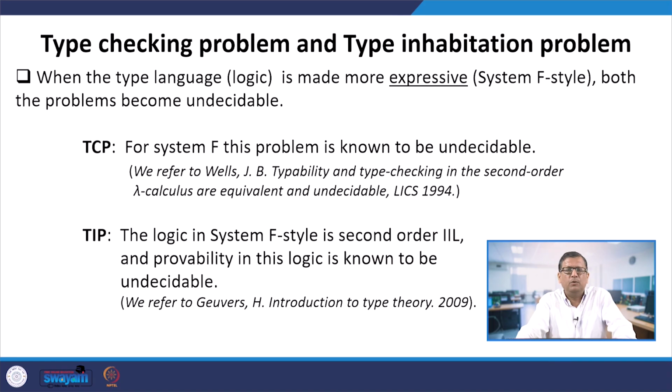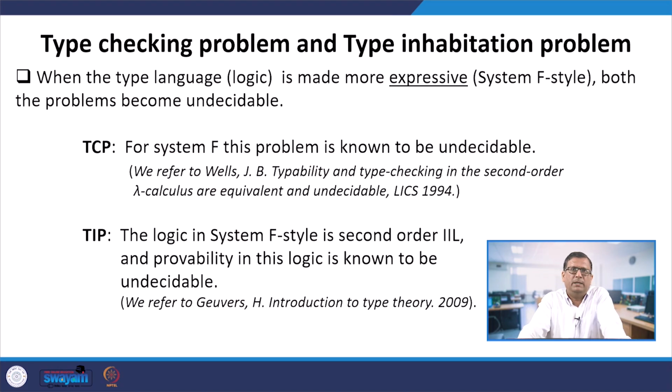Now we are moving on to some more expressive systems. The language is very expressive now, that is System F style. It is strongly polymorphic. For both the problems that we have, TCP and its variant and TIP, they become undecidable. When the language becomes very expressive, both these problems are known to be undecidable.